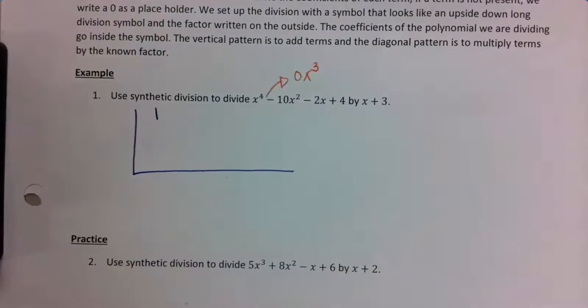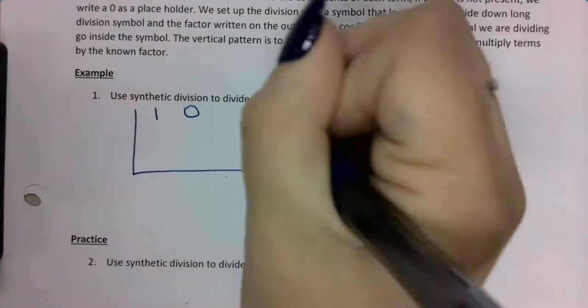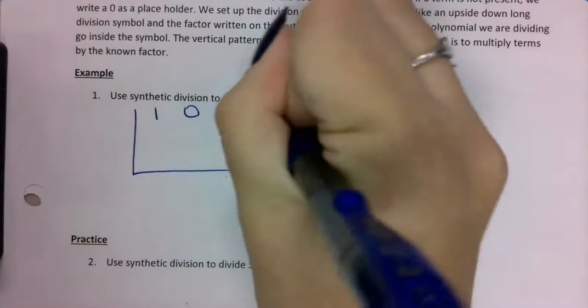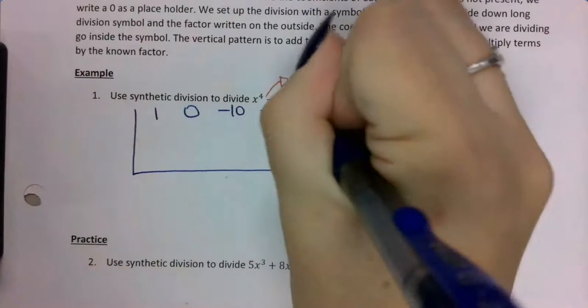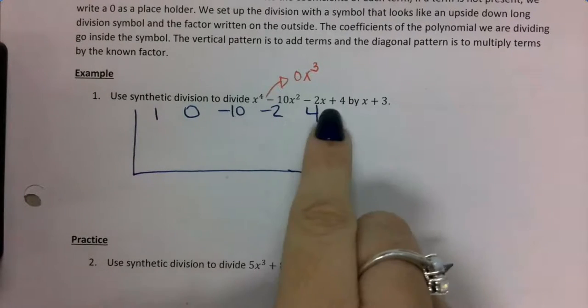So I write my coefficients: 1 for the x to the 4th, 0 for x cubed, negative 10 for x squared, negative 2 for x, and 4 for the constant. All of those numbers just came from my coefficients right here.